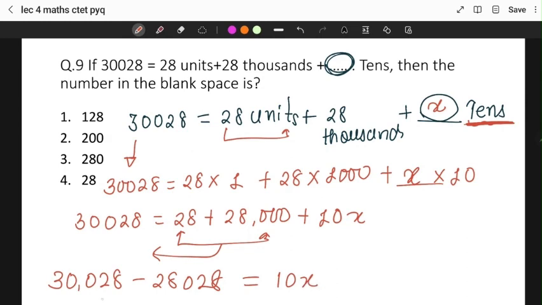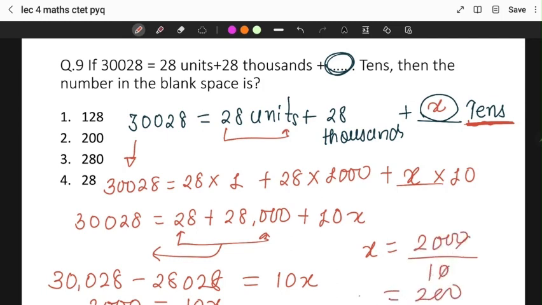Got it? If we do the subtraction it will give us 2000. 2000 is equal to 10x. So the value of x will be 2000 upon 10. That will give me x is equal to 200. Got it? So the value of x for this given question is option number second, that is 200.